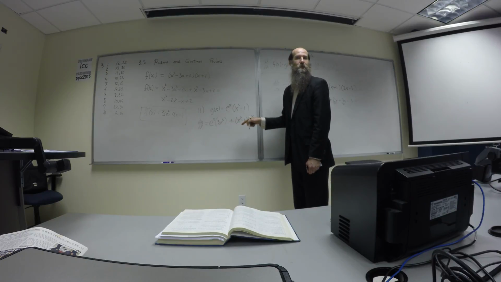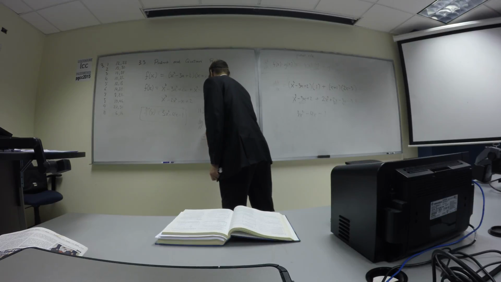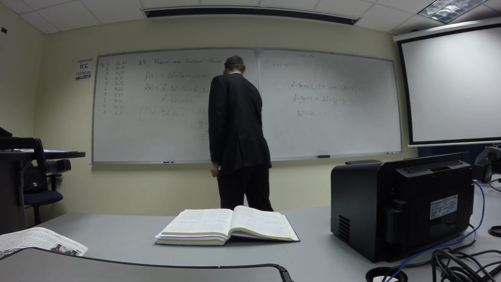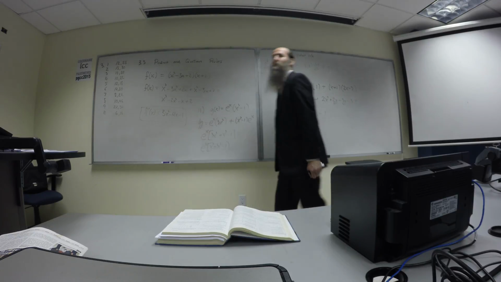To make it look as pretty as possible, we take the e to the x out of both of these. We'll be left with 3x squared plus x cubed minus 1. And I would even write it in standard form, the highest power first: e to the x times x cubed plus 3x squared minus 1. There's your derivative in its most pristine form.